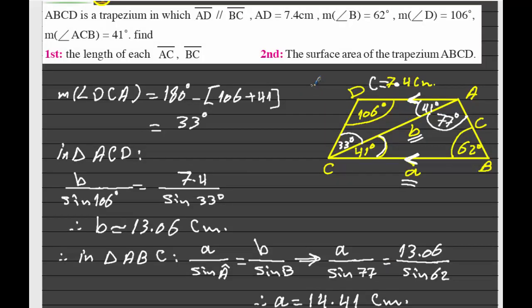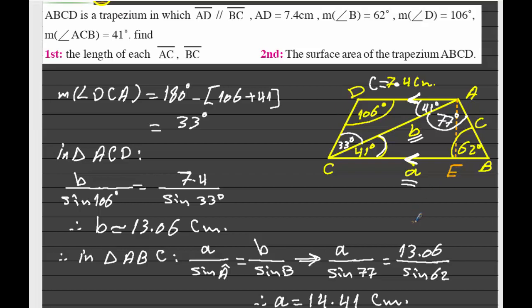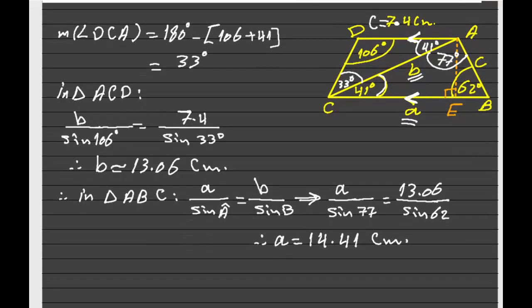And the required here is to find the surface area of the trapezium. First, I'll calculate the height of the trapezium. I'll consider the height AE, perpendicular to CB. What is the length of AE? I'll calculate it now.